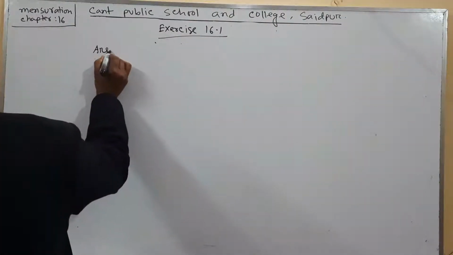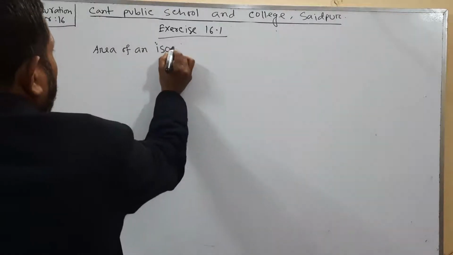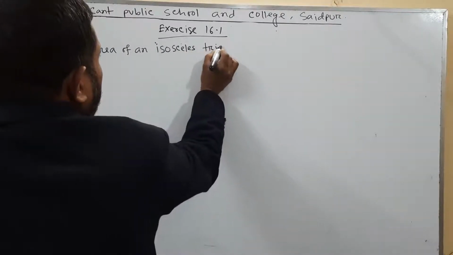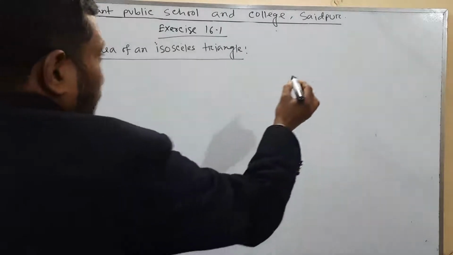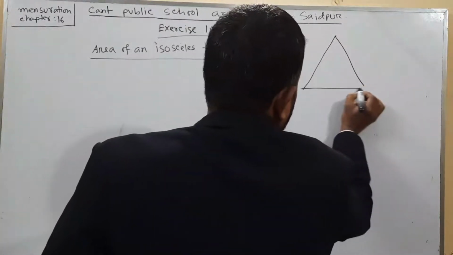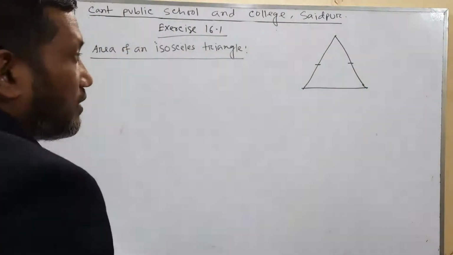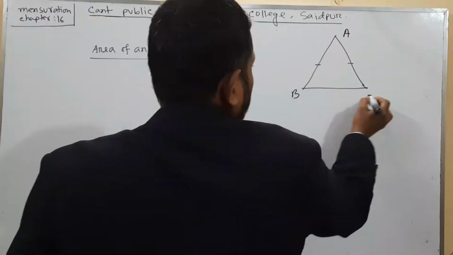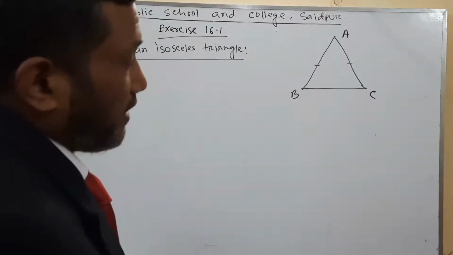Area of an isosceles triangle. If two sides of a triangle are equal, then the triangle is an isosceles triangle. Here triangle ABC, whose sides AB and AC are equal.